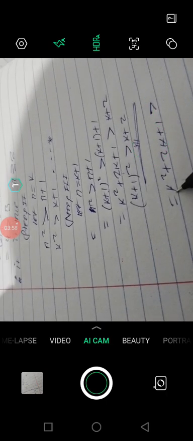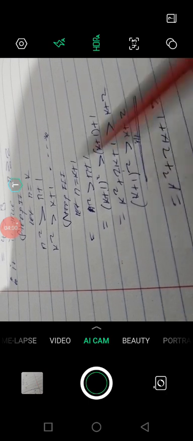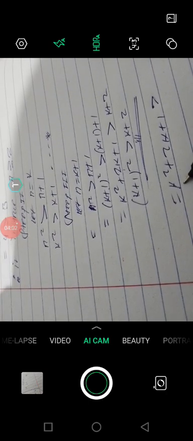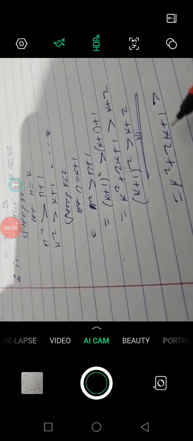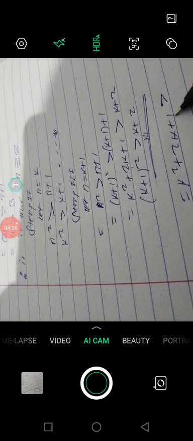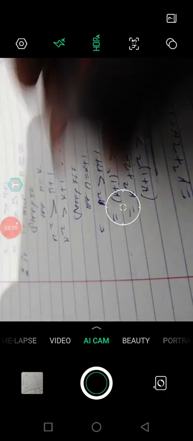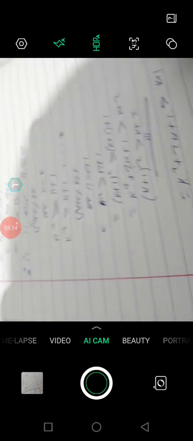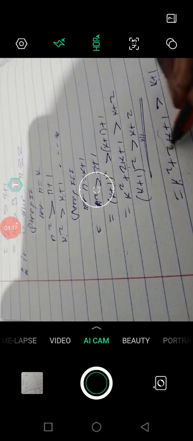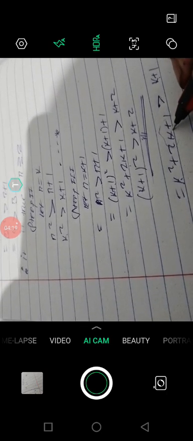The same applies; I've only added 2k plus 1. Even this side is going to maintain the same thing: k plus 1 squared is k squared, and k plus 1 is k plus 1, showing that it's only an addition of 2k plus 1.